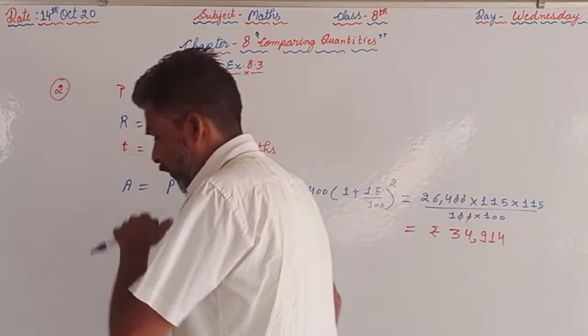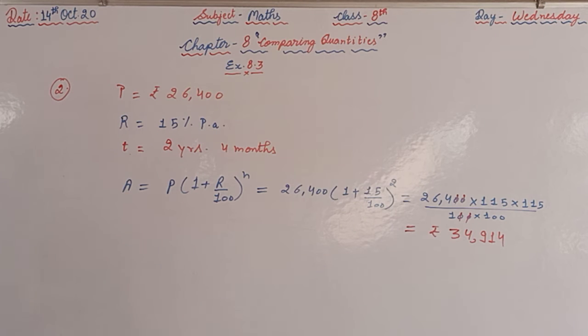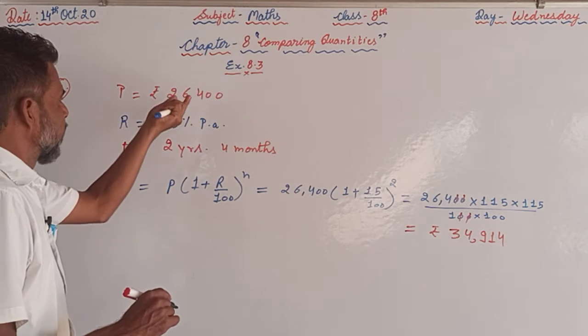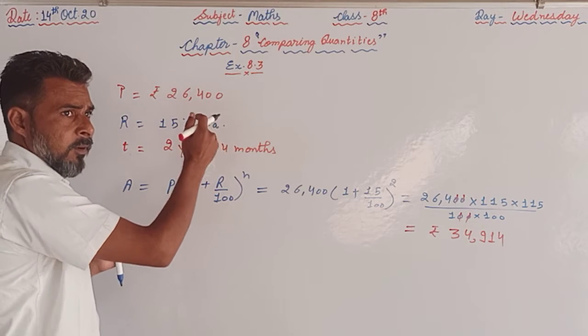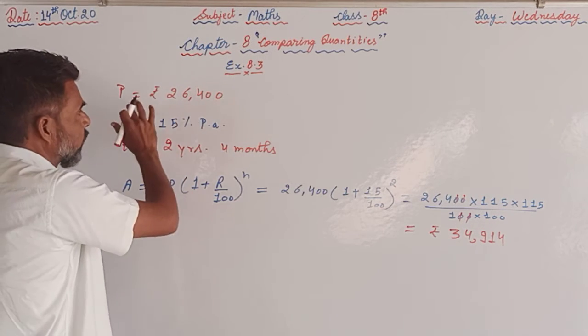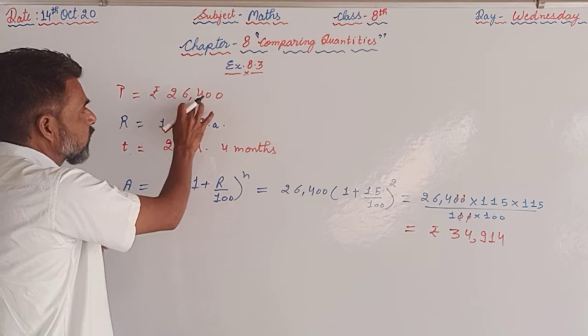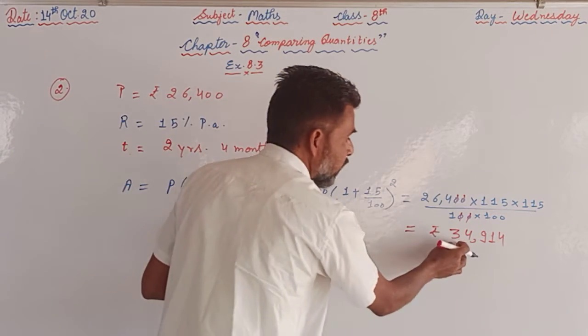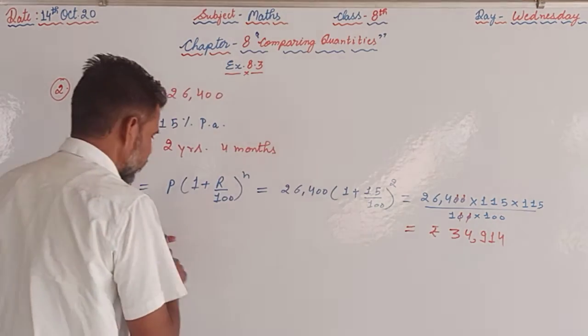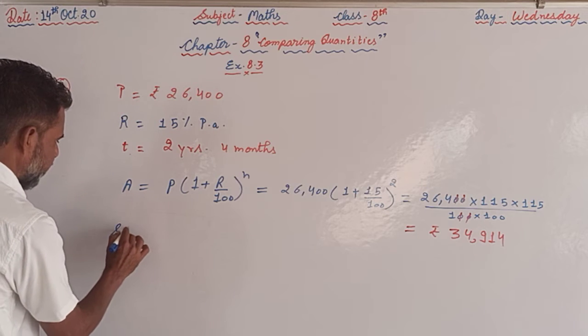You are supposed to find the answer by calculating, and this will be the amount at the end of 2 years. The money borrowed from the bank, that was 26,400, becomes 34,914.